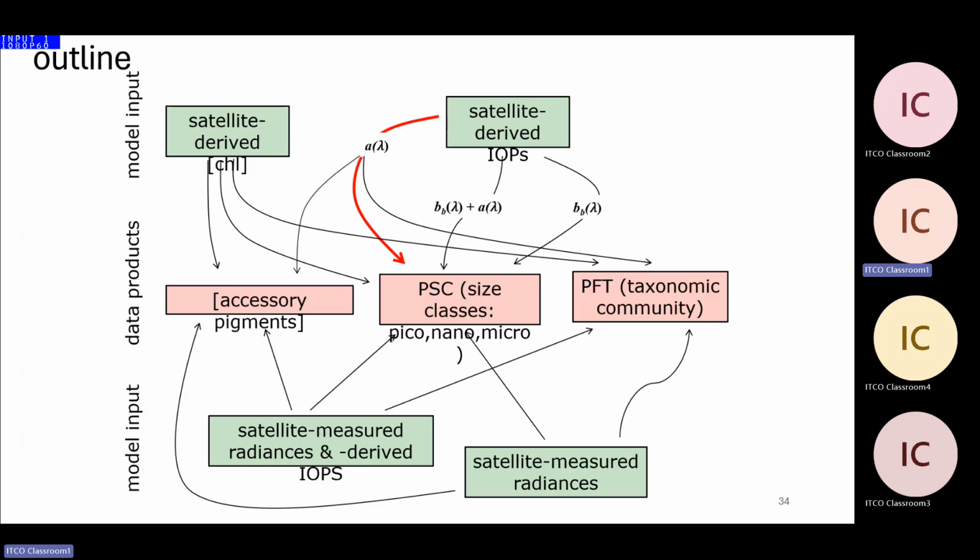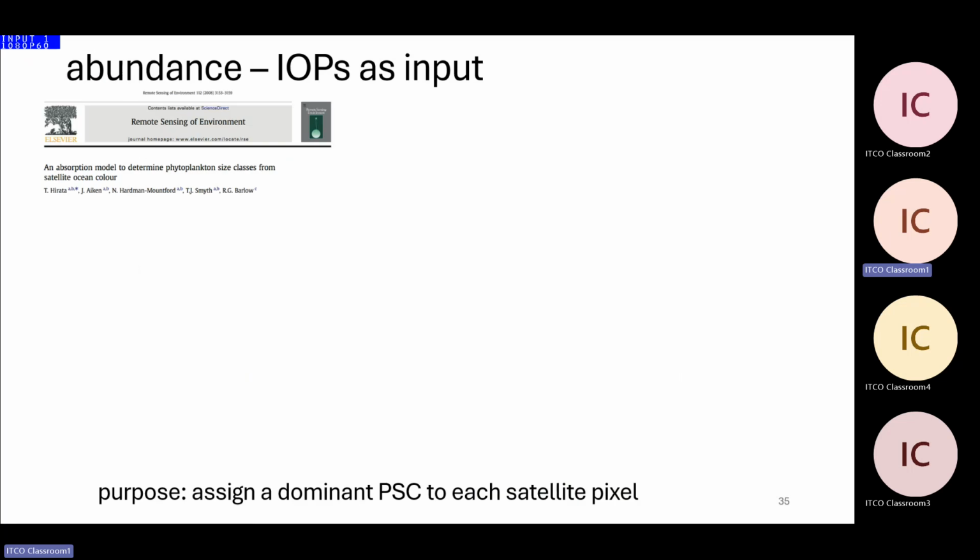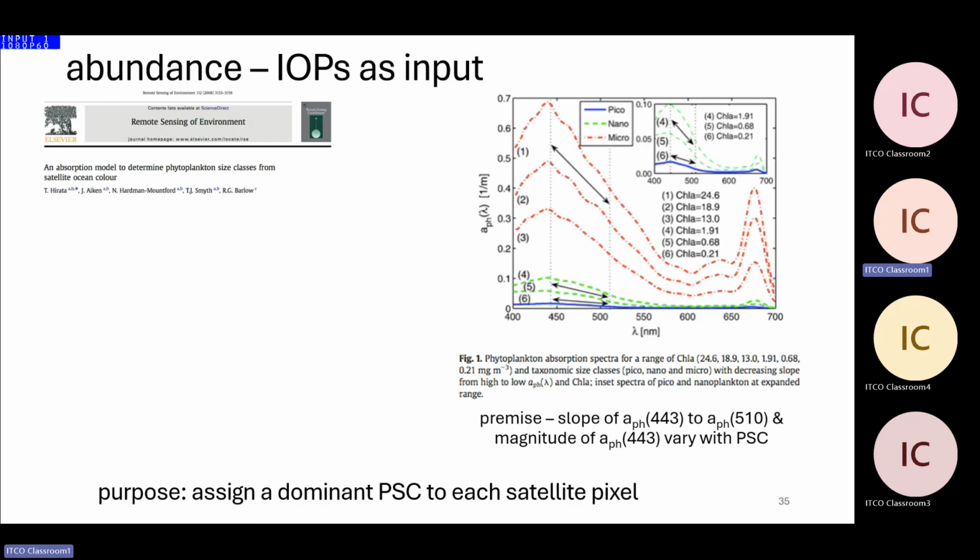We can also, instead of taking chlorophyll to get to our size class, take the magnitude of the derived phytoplankton absorption coefficient. So in this model, they were looking at the shapes of different phytoplankton based on their size class in that panel.